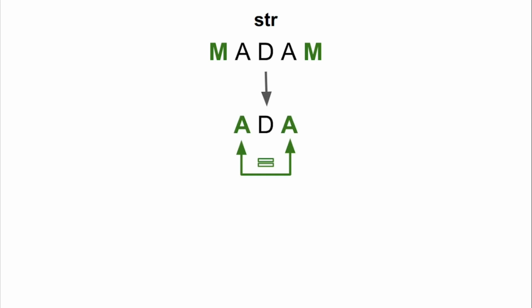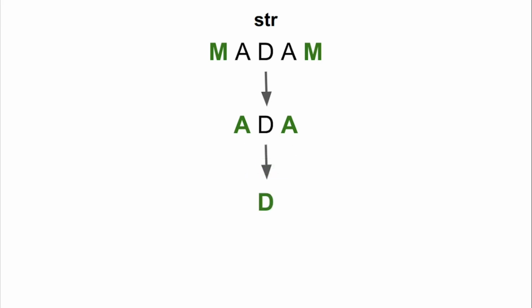Again, since this is recursion, we'll perform the same set of operations on the variable str. We'll again extract and compare the first and the last characters. If the extracted characters are not the same, we'll return false. Otherwise, we'll again make a recursive call. Since the extracted characters are equal, in this case a is equal to a, we'll again recurse.